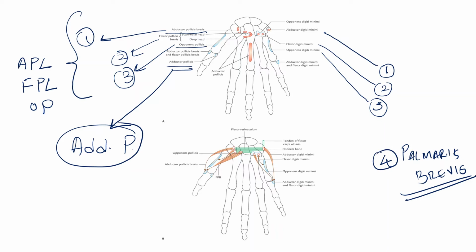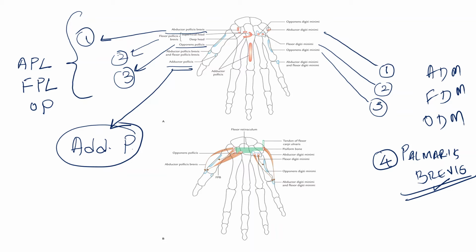It is also included in the hypothenar group of muscles, but it is subcutaneous in nature. So the 4 hypothenar muscles as a whole are the abductor digiti minimi, the flexor digiti minimi, the opponens digiti minimi, and of course, the subcutaneous muscle, the palmaris brevis. So these are the names of the thenar muscles, the hypothenar muscles, and one adductor of the thumb, that is the adductor pollicis.